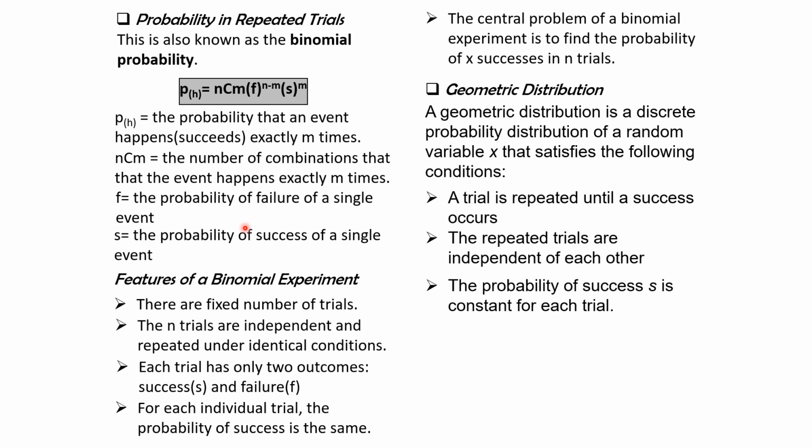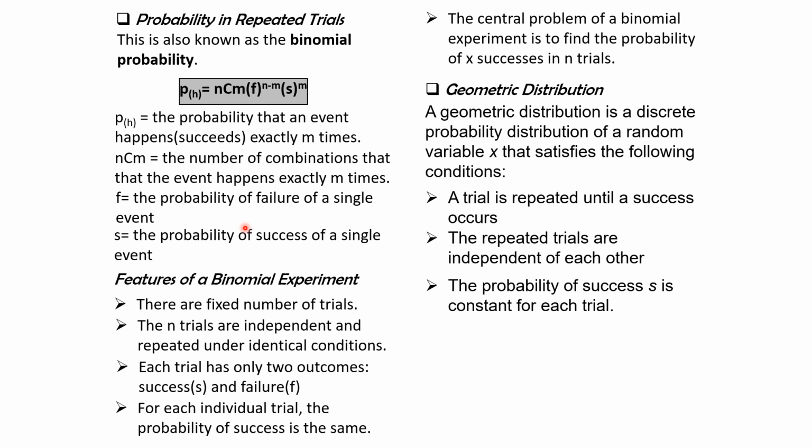The power is X minus 1 because the success event occurs at trial number X. Before trial number X, those are failure trials, and the number of failures before trial number X is X minus 1.